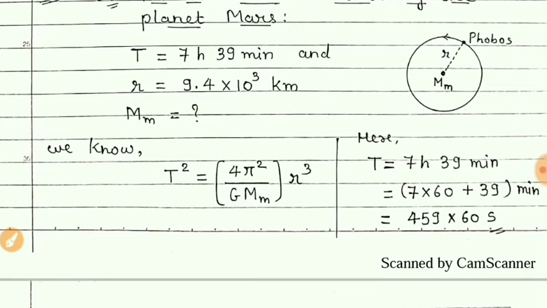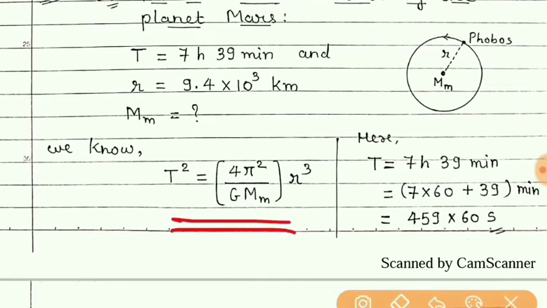So now students, we know this equation, that square of the time period is equal to 4 pi square upon GM into r cube. This is nothing but Kepler's law only. But here we have to consider the mass of the Mars.